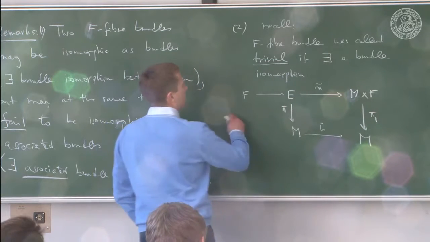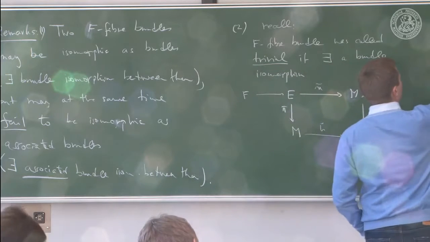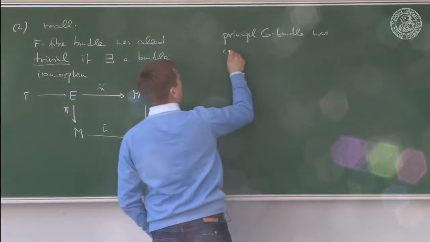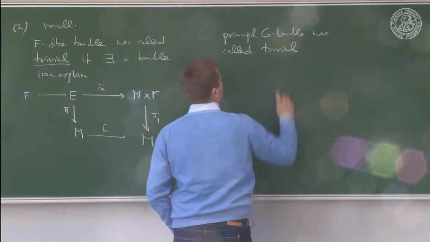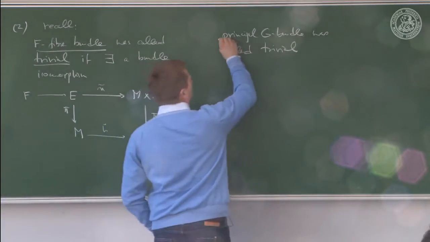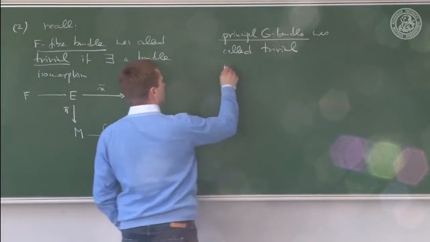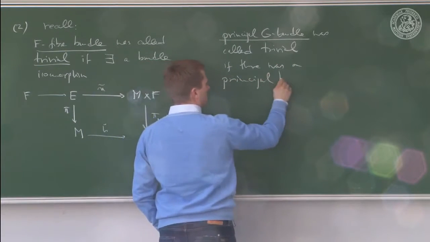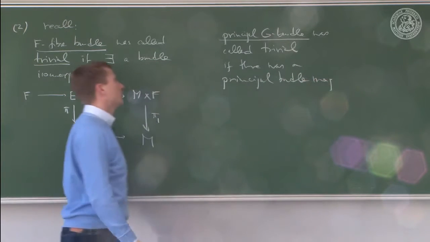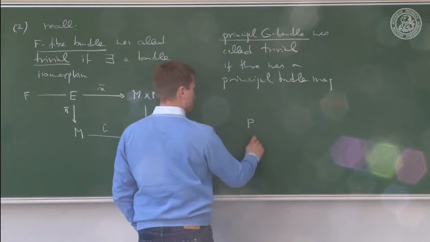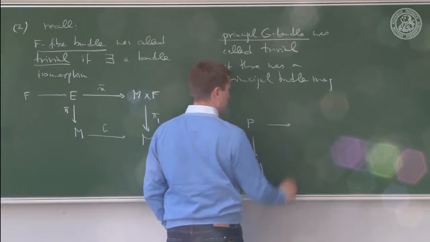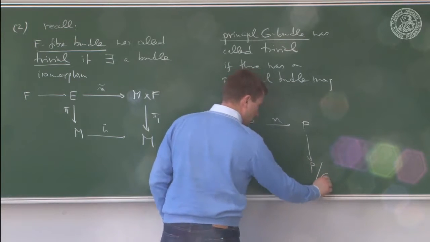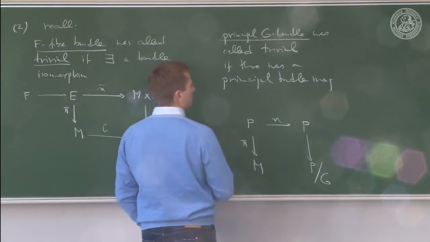That was it, okay? And then we had that a principal G bundle was called trivial if there was a principal bundle map that took us from here to here with the U, and then to P mod G, where we modded out this group.